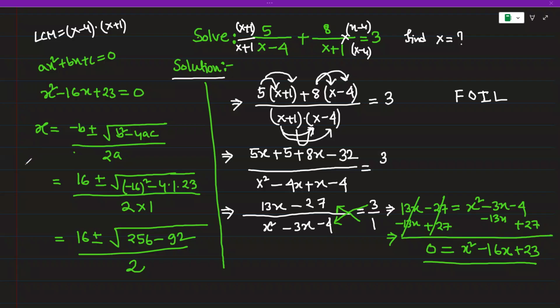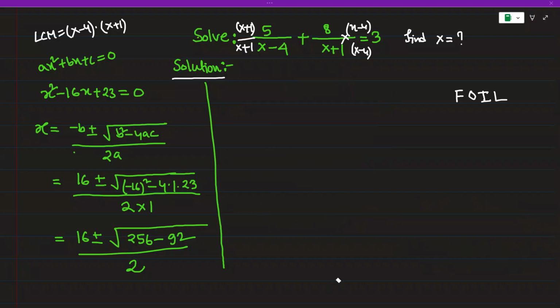Now we simplify that. 256 minus 92 equals 164. So we have 16 plus or minus square root of 164 divided by 2.